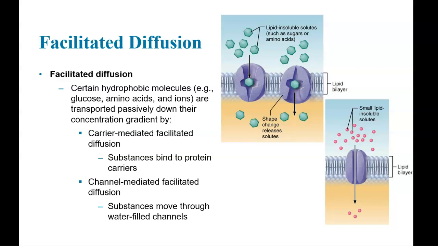So glucose is able to be absorbed by the red blood cells. It's able to be absorbed because of these carrier-mediated structures or proteins that are located on the cell membrane. So it allows for it to take in those glucose molecules by binding to the protein carriers.